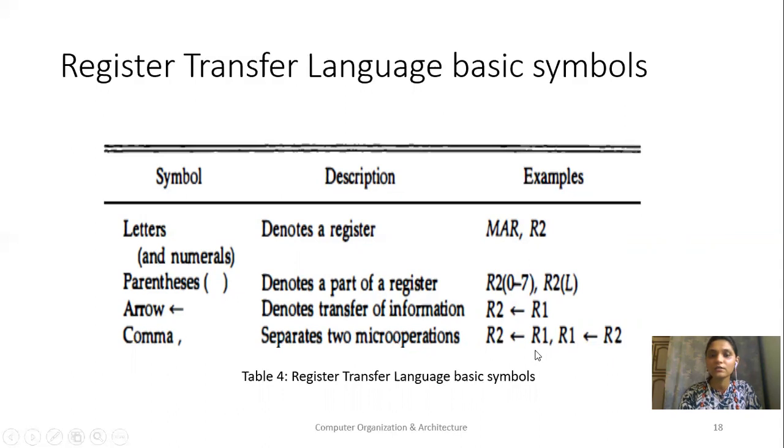The comma denotes that these two operations complete at the same time. In COA, we will use this register transfer language to represent our different tasks: an arrow to transfer content from one register to another, a comma to combine different micro operations, parentheses to represent a particular bit, and capital letters to represent registers.